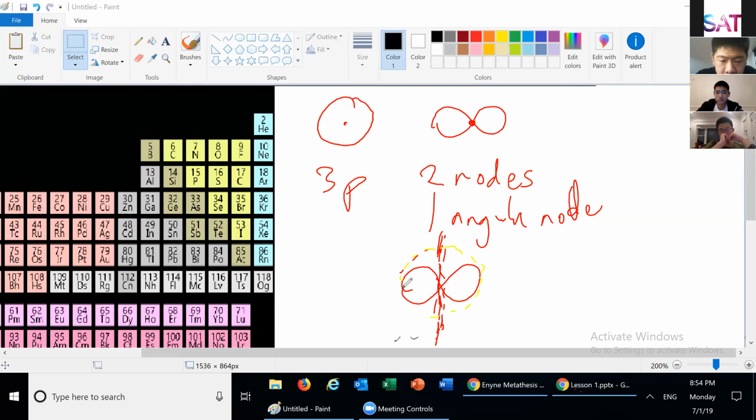We have this radial node, and then another region of electron density further away from the nucleus, like that. As you can see, we have the 1 radial node and the 1 angular node. I think now we're ready to move on.